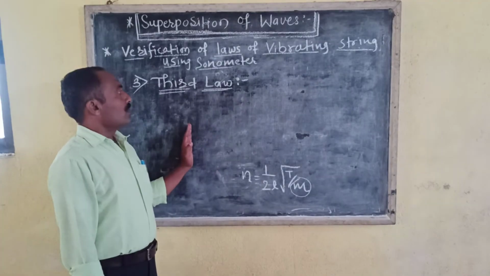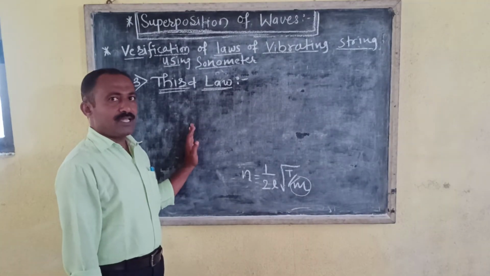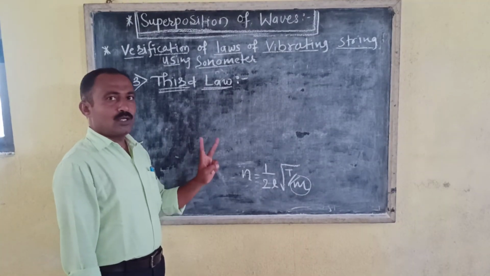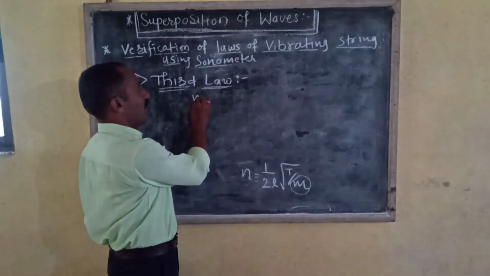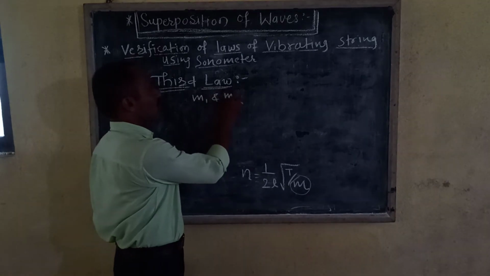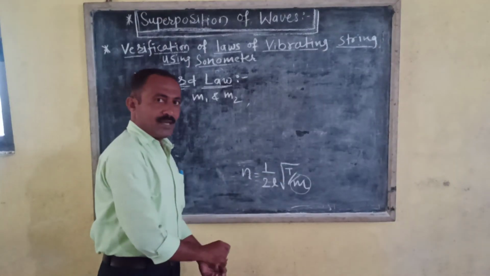For the verification of the third law of the vibrating string, we take two wires of different linear densities, M1 and M2. The tension applied to the string is kept constant.